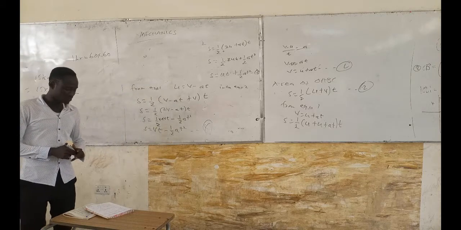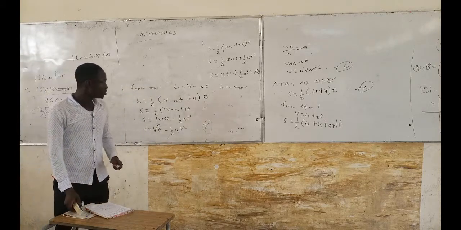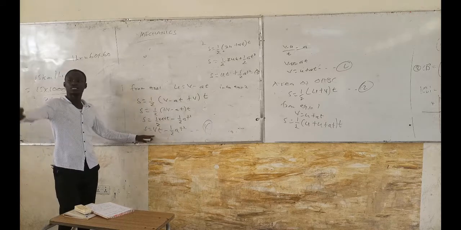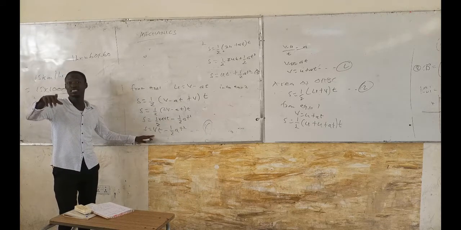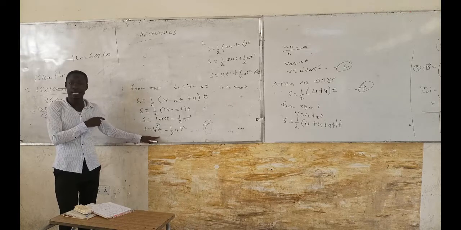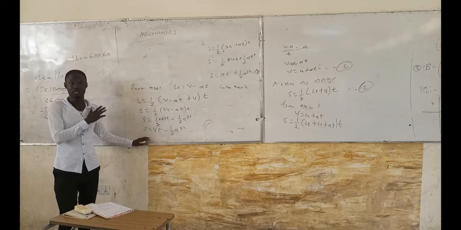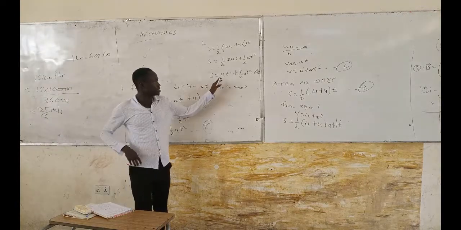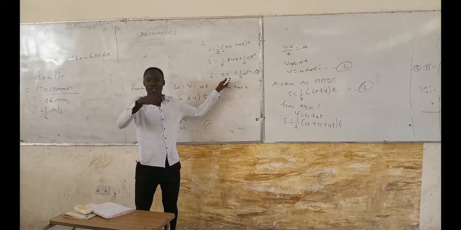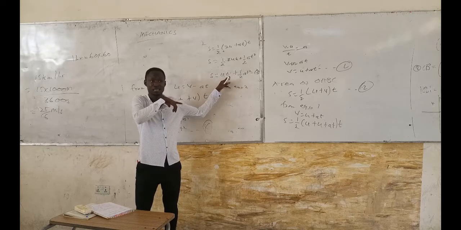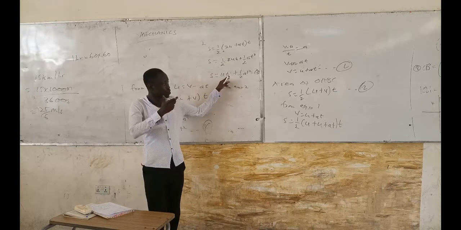Let's be watchful and look at something. You require this formula when you don't have any information on the initial velocity, but you have the final velocity, time, and acceleration. This one will be easier for you. Are you getting it? In the case whereby you have displacement and initial velocity but you don't have the final velocity, you use another one.